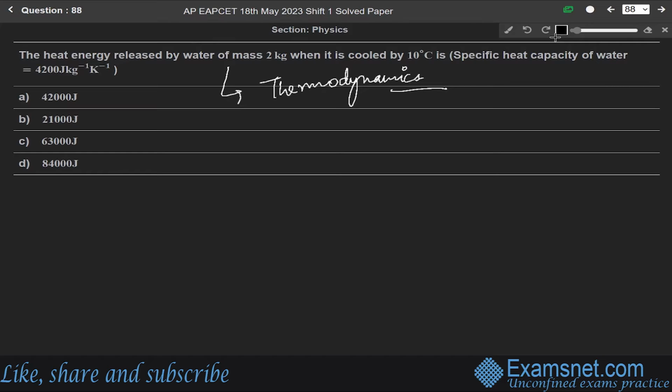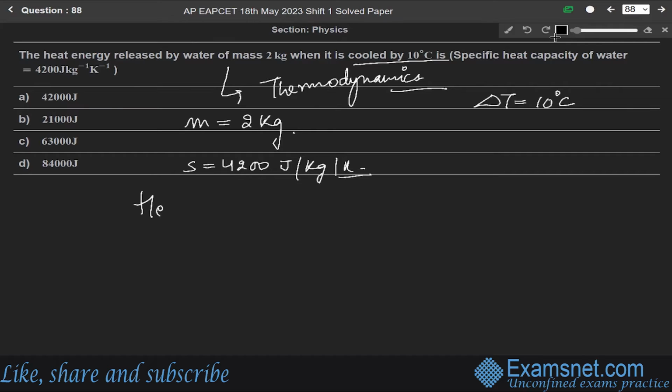We are given the mass of the water, m is equal to 2 kg, and it is cooled by 10 degrees Celsius, which means the difference in temperature is 10 degrees Celsius. And the specific heat is given as 4200 joule per kg per Kelvin.